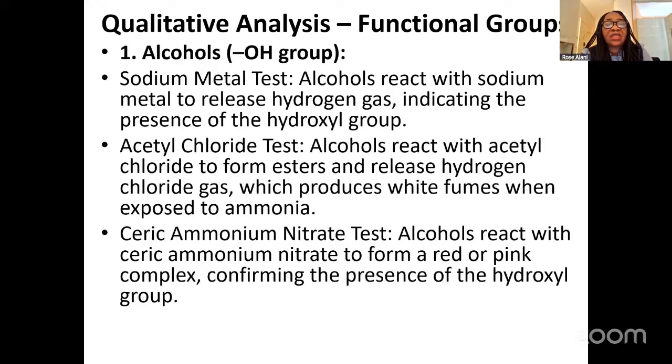Alcohols react with acetyl chloride to form esters and release hydrogen chloride gas, which produces white fumes when exposed to ammonia. We can also carry out the ceric ammonium nitrate test for alcohols. Alcohols react with ceric ammonium nitrate to form a red or pink complex, and this confirms the presence of the hydroxyl group.